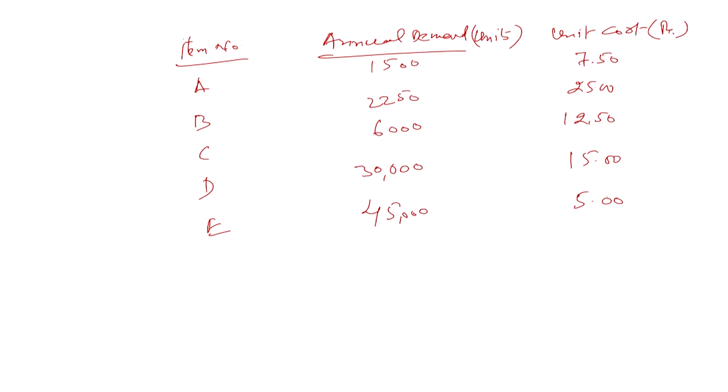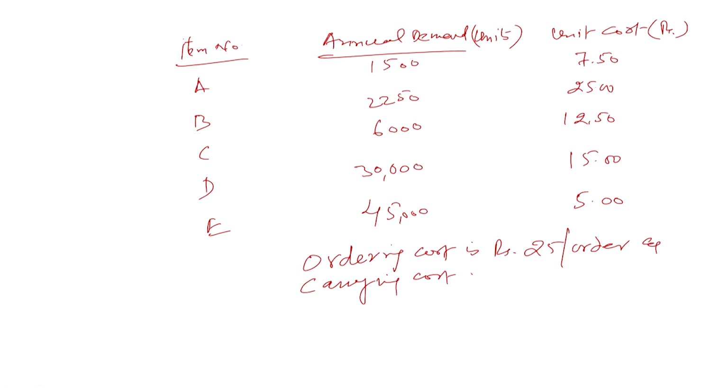Now, the other costs: ordering cost is rupees 25 per order, and carrying cost is 20% per annum.